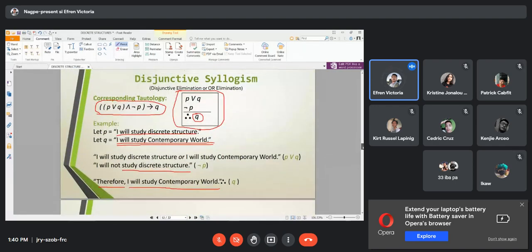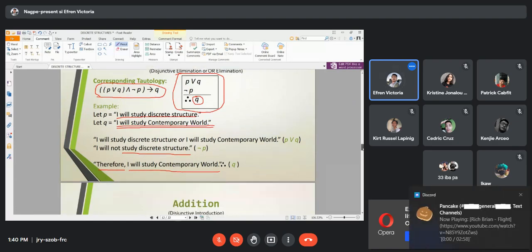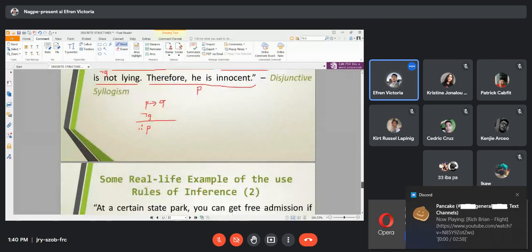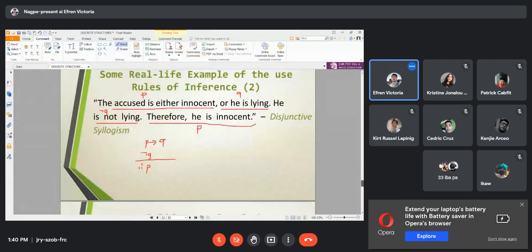Okay. So, based dun sa form, meron tayong mali. So, or ang ginamit pala dito. Tapos, meron pa tayong isang mali. So, ito ay or. Kasi yung word na or.